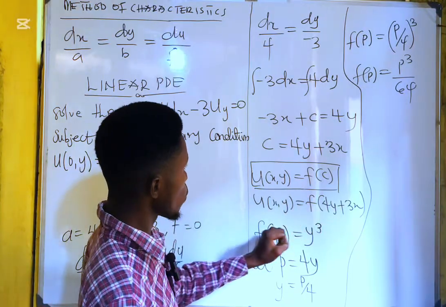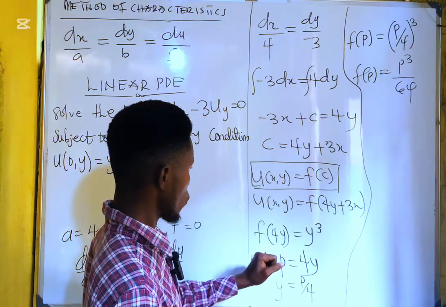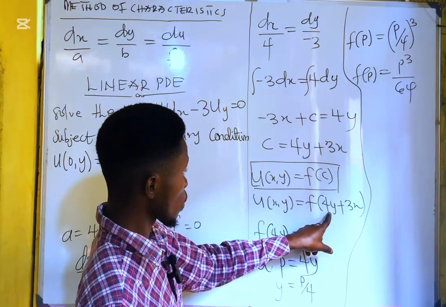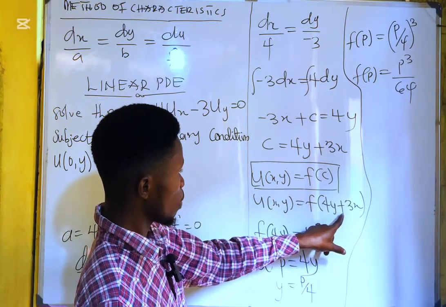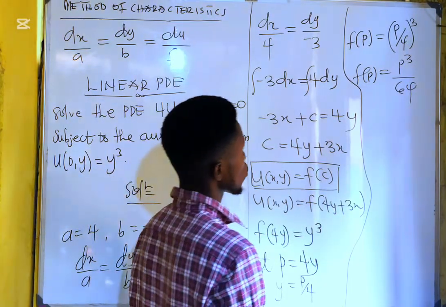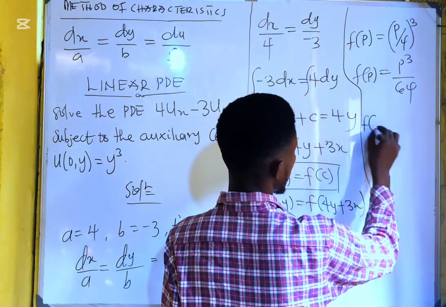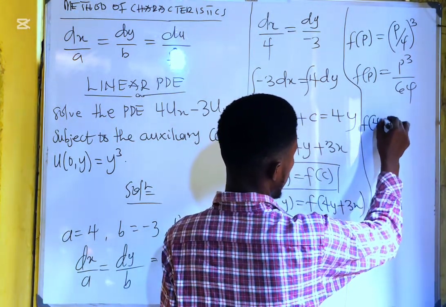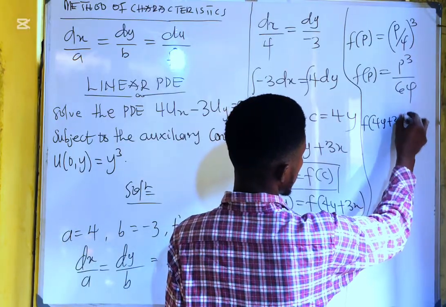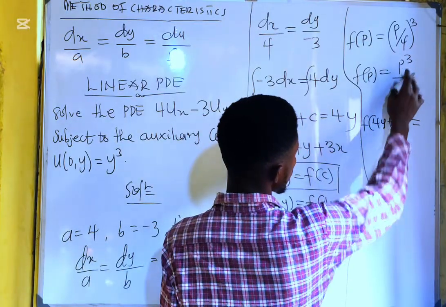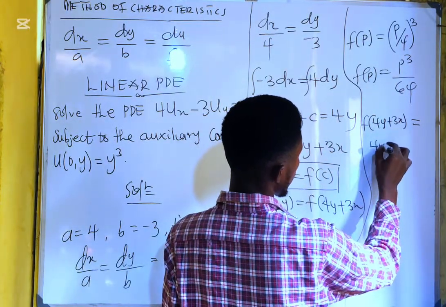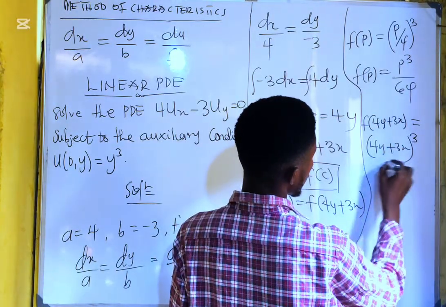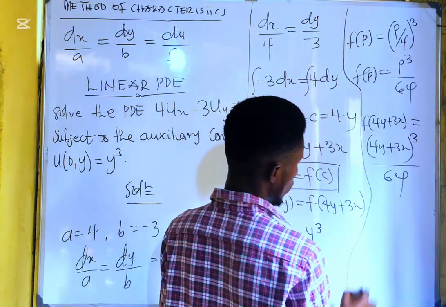After that, you come back to the function here. Wherever you see p, you now put 4y plus 3x there. So f at 4y plus 3x will be equal to 4y plus 3x cubed over 64.